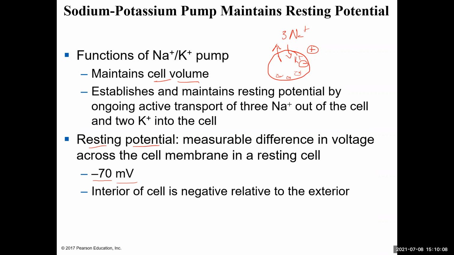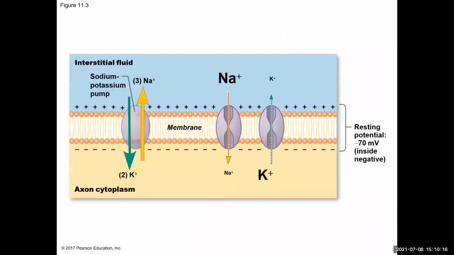And that basically means that the interior of the cell is negative relative to the outside of the cell. So this is basically what we have going on. We have the inside of an axon, which is this area here. Notice that it has a negative charge. So this is a minus 70 difference here, because the outside is positive.